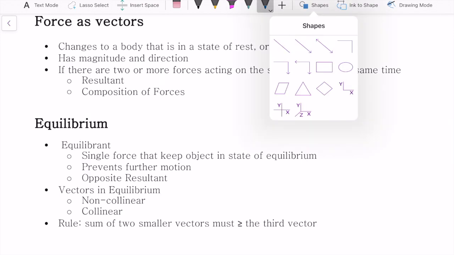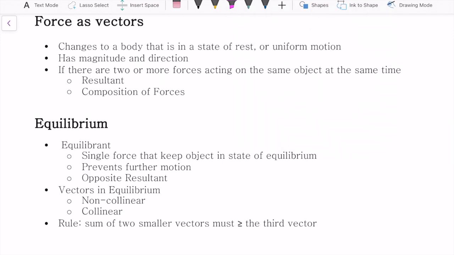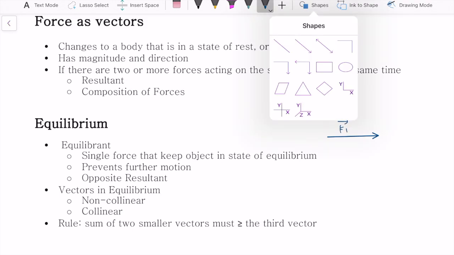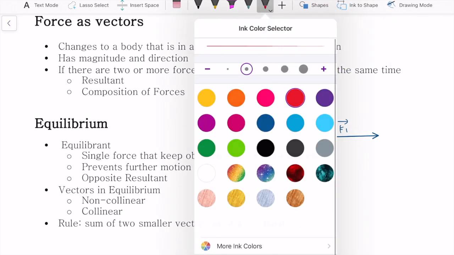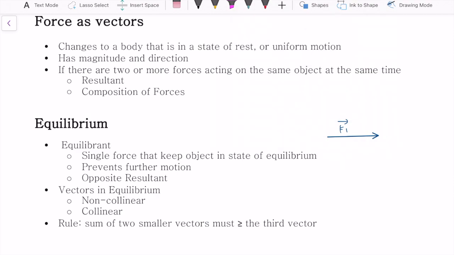So, for example, let's say I have a force represented by this arrow, and it's called F1, and I have another force represented by another arrow called F2.